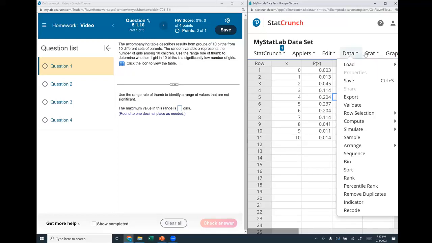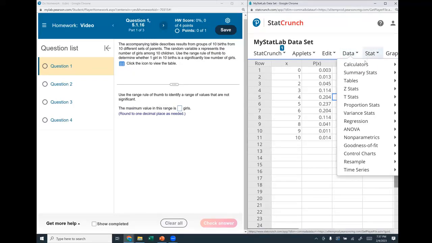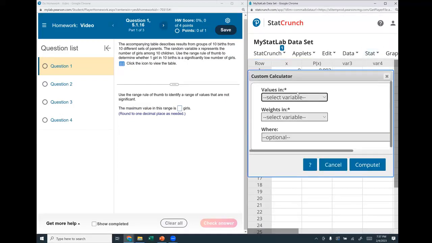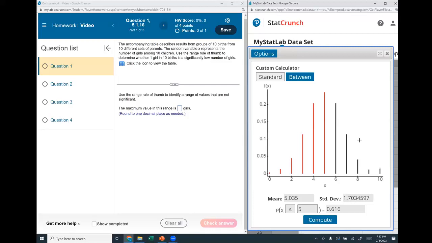So now I know I'm in good shape as far as that's concerned, right? And now I'm going to go Stat, Calculator, Custom, because this allows me to work with my X values and my probabilities. And now I compute this. So I have found that my mean, we can't really get the actual number in StatCrunch that I know of.